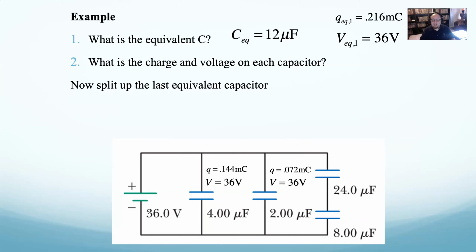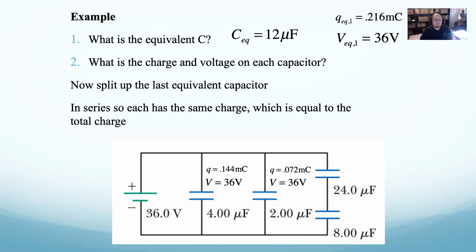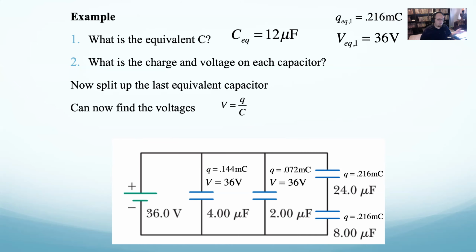And so I can say if when they were one capacitor, it had a charge of 0.216 millicoulombs, that means when it's split into 2, each one has a charge of 0.216 millicoulombs. And if I know the charge on each one, I can get the voltage because voltage is Q over C. So I can say for one of them, it's 0.216 over 24. I'm dropping some prefixes to get 9 volts.